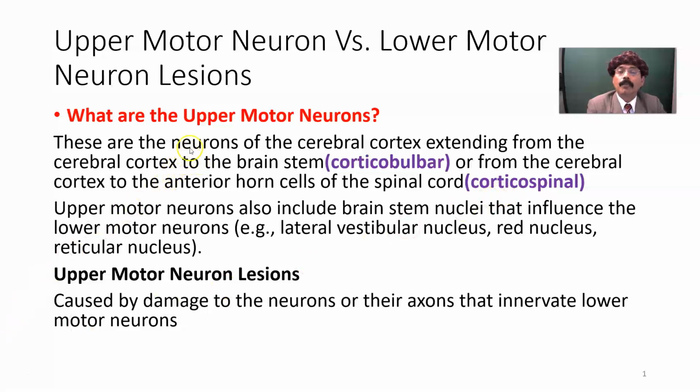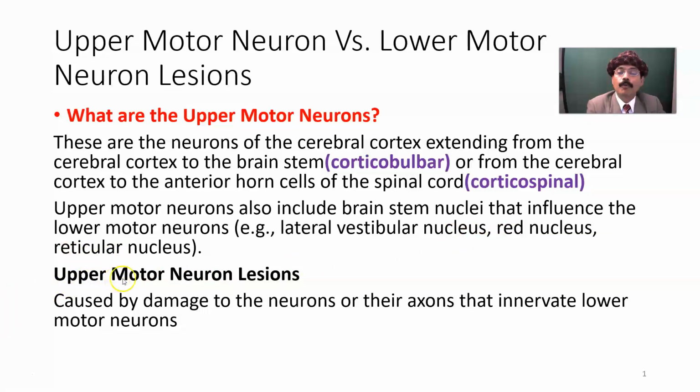So, upper motor neurons are mostly located in the cerebral cortex. They are also located in the brain stem. Upper motor neurons also include brainstem nuclei that influence the lower motor neuron, that is the lateral vestibular nucleus, red nucleus, and reticular nucleus.